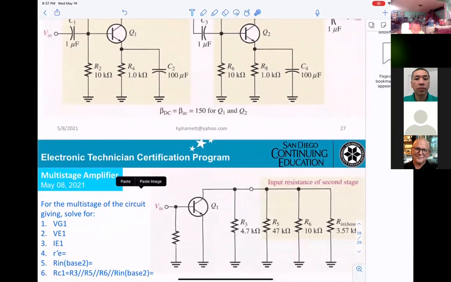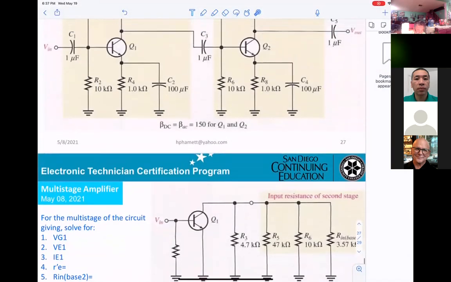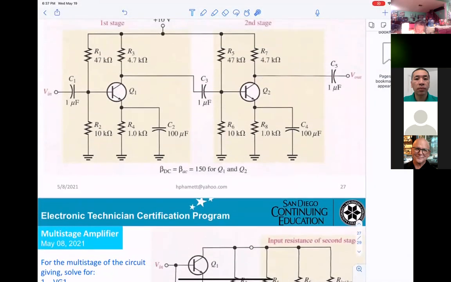That means the input here. Basically they get this one parallel this one parallel this one, and now they want R in B, that means from here to the ground also, right?